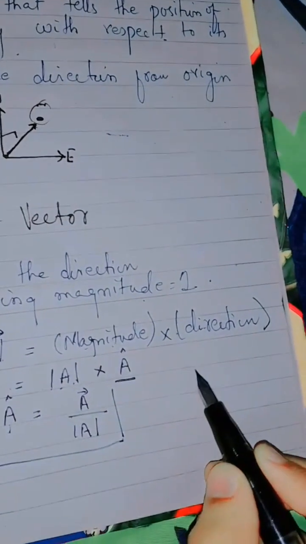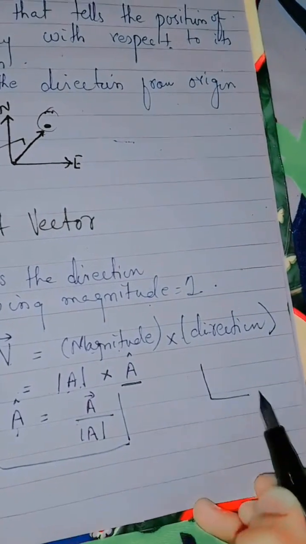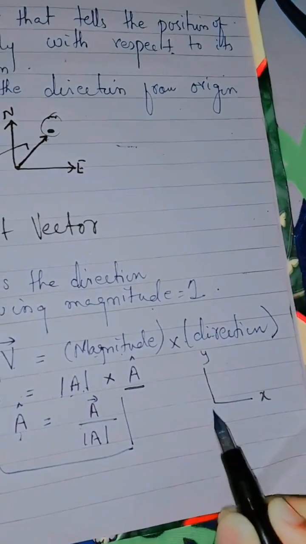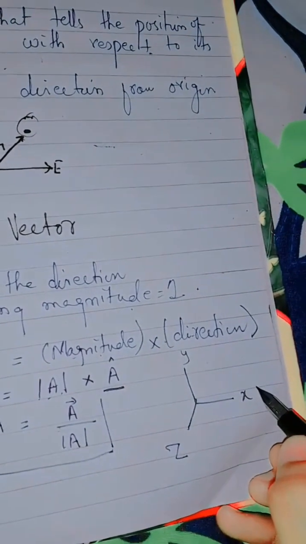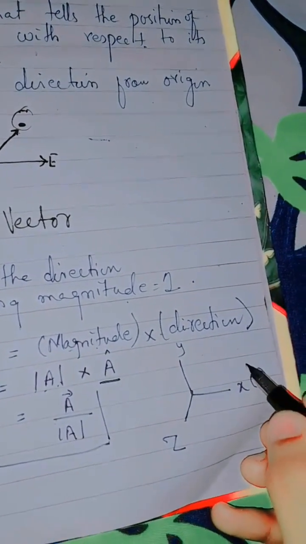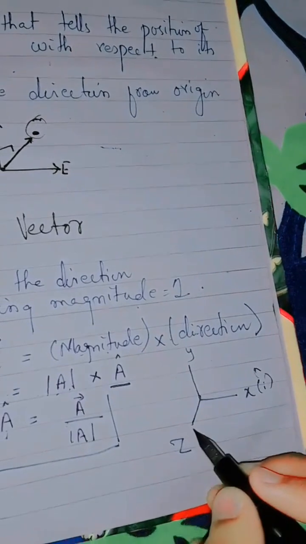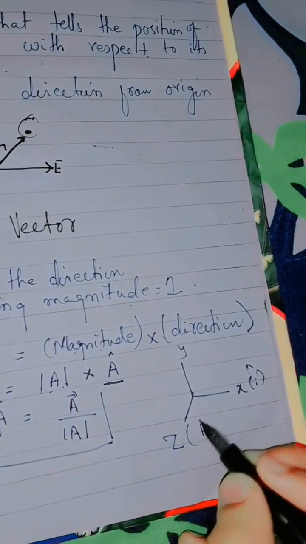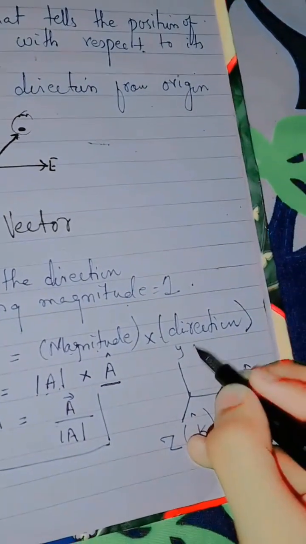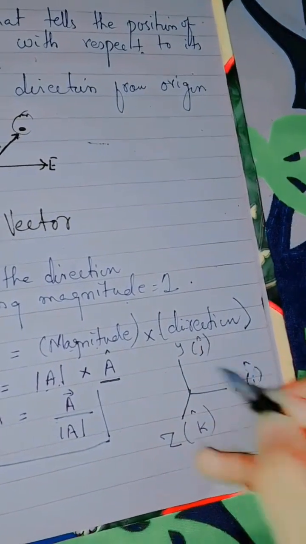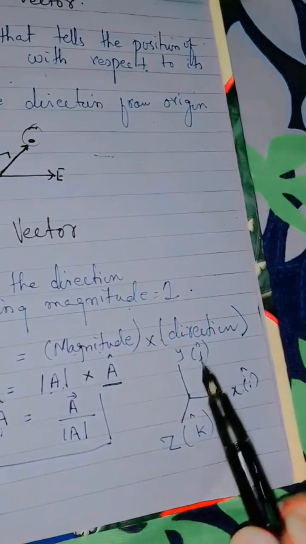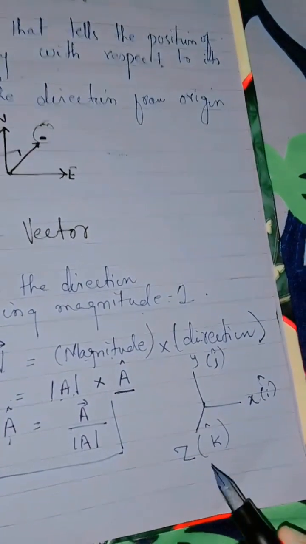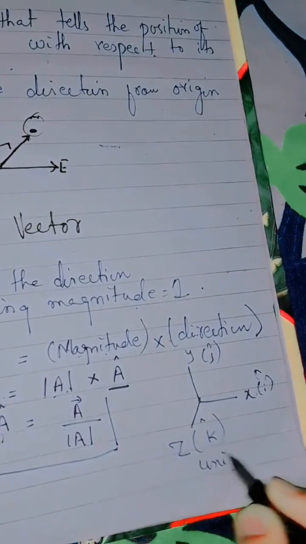Like if we are having a coordinate system that is x-axis, y-axis and z-axis. X-axis is denoted by i, z-axis is denoted by k, y-axis is denoted by j. So basically that i, j and k, they are the unit vectors.